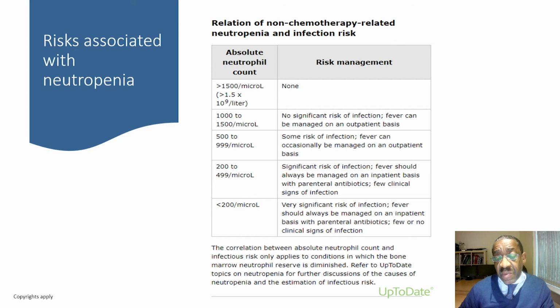When the neutrophil counts are less than 200, then there's a very significant risk of infection, and urgent intervention is required if any clinical signs of infection are up.